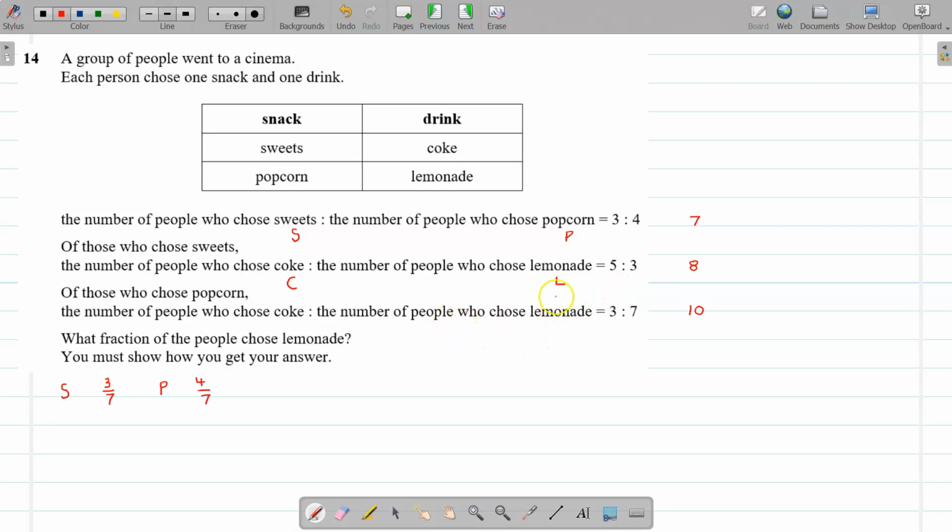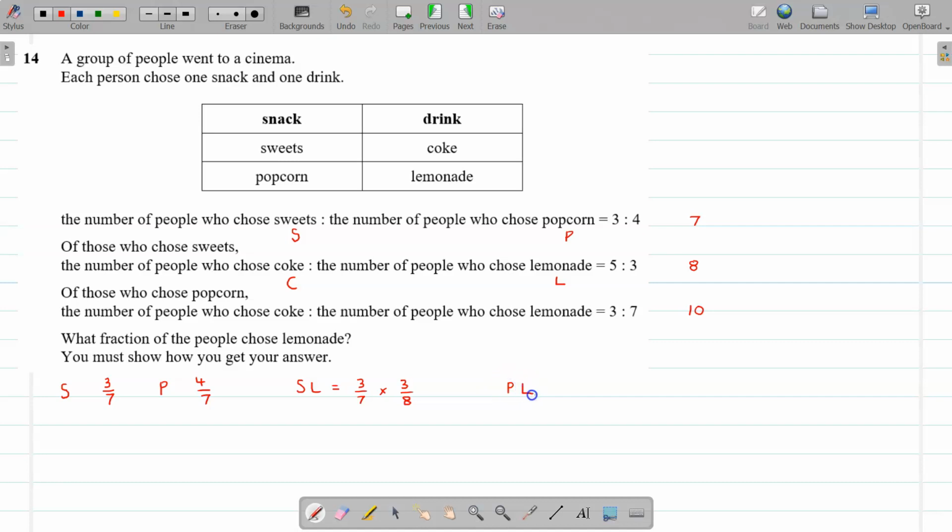Okay, so that means that 3/8 chose lemonade. Okay, so sweets and lemonade is equal to 3/7 times 3/8.